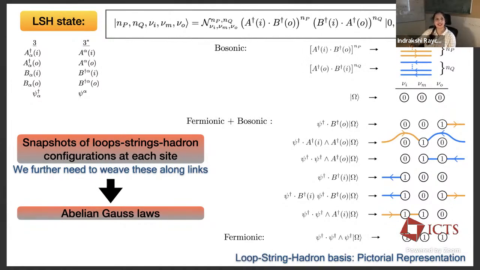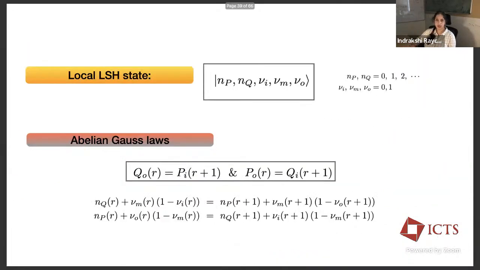And one would further need to weave these along the links because you have local representation independent of each other at each of your lattice sites. And there come the abelian Gauss laws, here actually 2 of them, to play the role. So in summary, we have local SU3 invariant states characterized by the 5 quantum numbers. 2 of them are bosonic and 3 of them are fermionic. The set of these quantum numbers at neighboring sites are not independent.